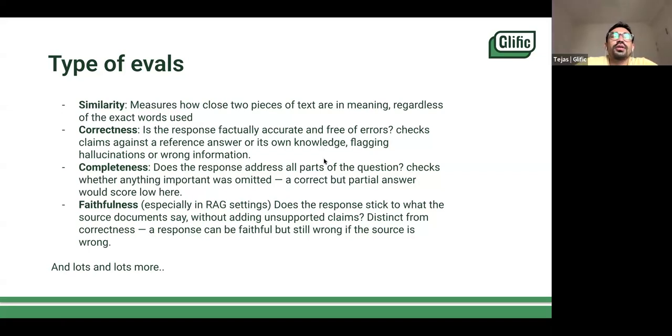So ideally you want to get one score to give you an indication of one thing. But you can run an eval and get multiple scores. When you run an evaluation run, you can get a score of similarity, a score of correctness, a score of faithfulness, so that based on that you can take a call on what needs to improve.